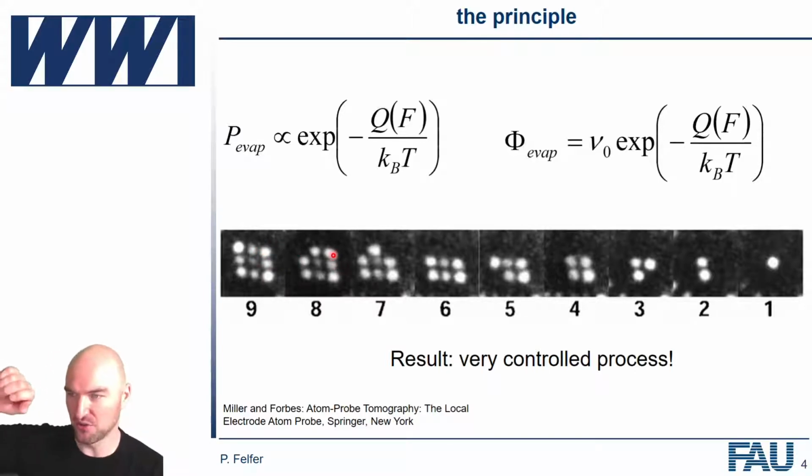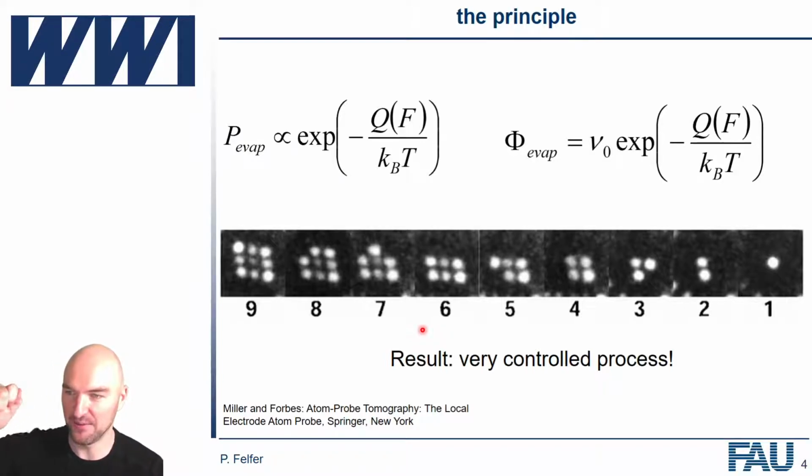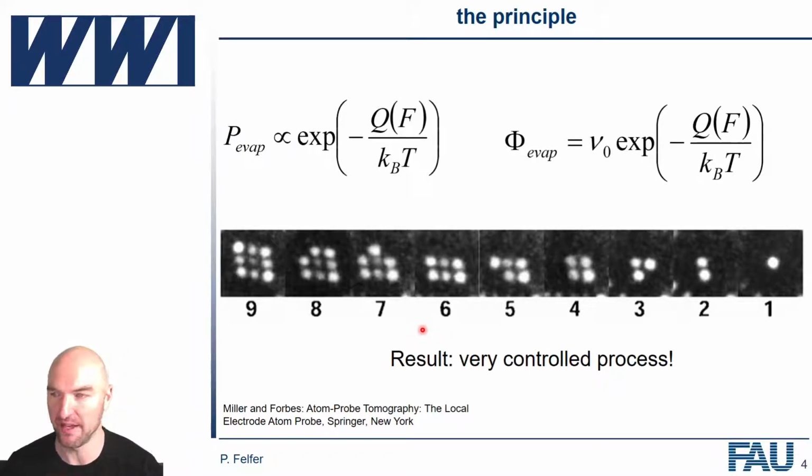He increased the voltage on the voltage knob until it was 8, took a photo, then increased it further, it was 7, 6, 5, 4, 3, 2, 1, until the last one was gone. So no fancy algorithms or anything, just a guy with a voltage knob, controlling the behavior of individual atoms. And again, if you use the field ion microscope in our lab, that's exactly what you can do. You can stand there with the control knob and make individual atoms come off.